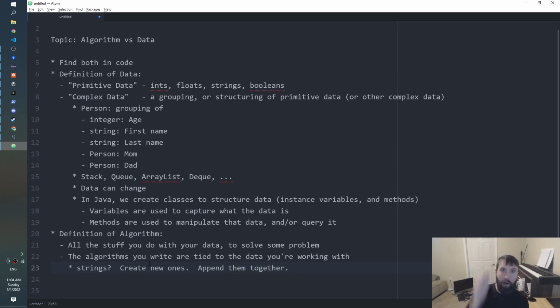You can pluck out certain characters. You can slice them. You can say, I want just the substring between 0 and 5, so I'll say get substring. You can get their length.